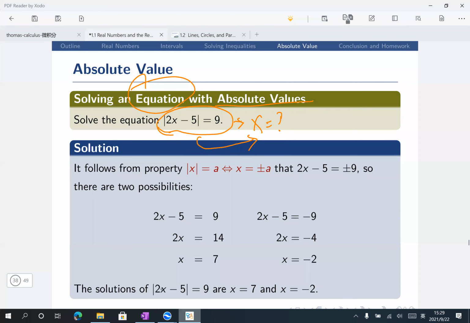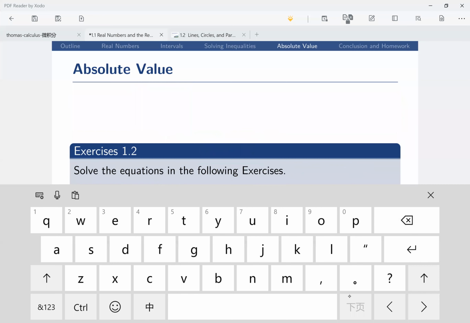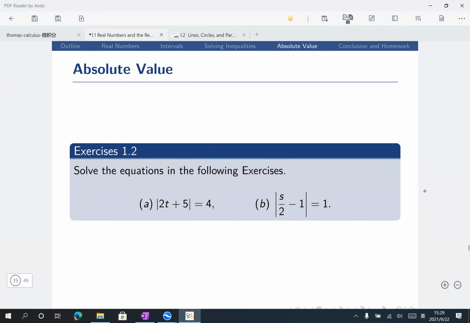Okay, let's see the exercise. I'll give you some time to do this exercise, and then you send your answers in the WeChat group. Should we do it right now? Yeah, do it now. Okay, ma'am.